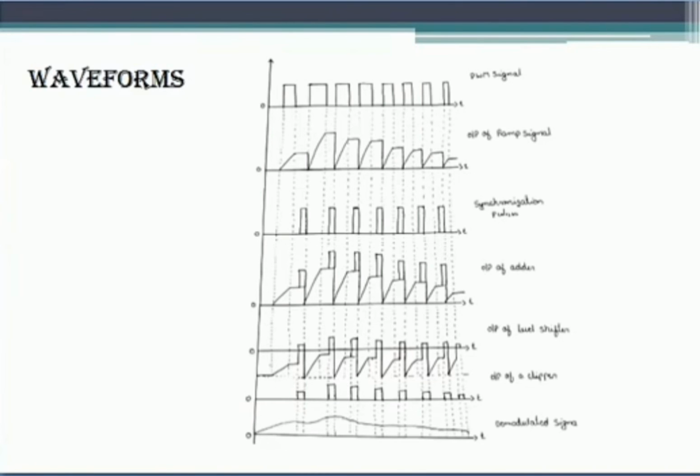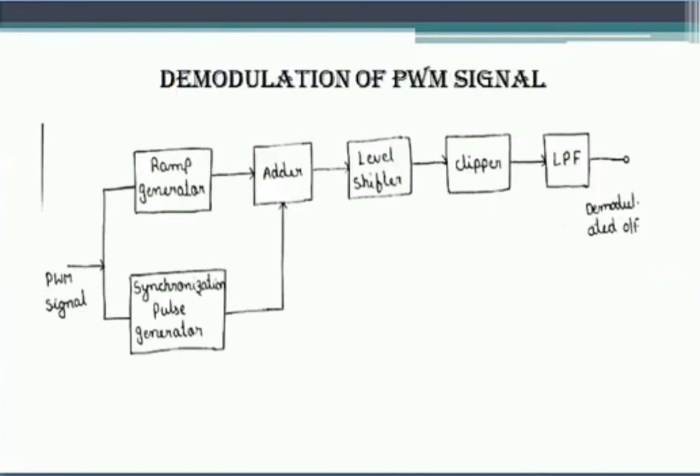So this is the procedure for how to recover our original message signal from the received PWM signal. So this is the final setup. If you design the level shifter and clipper circuit perfectly, then we can recover our original message signal without noise.